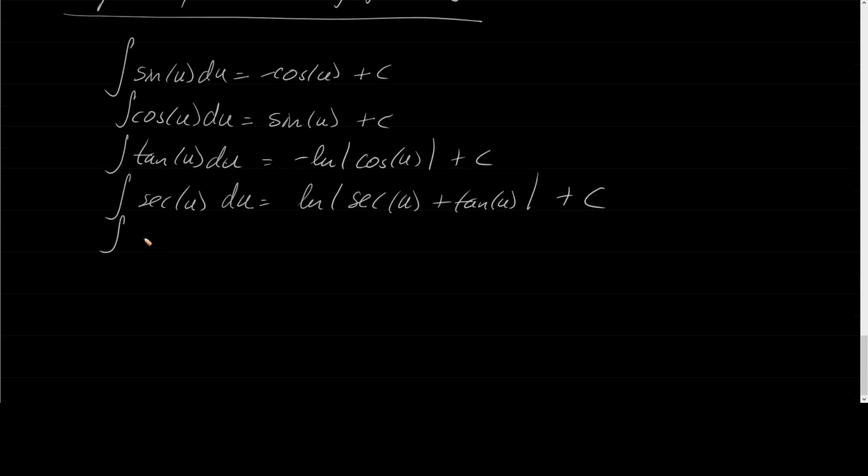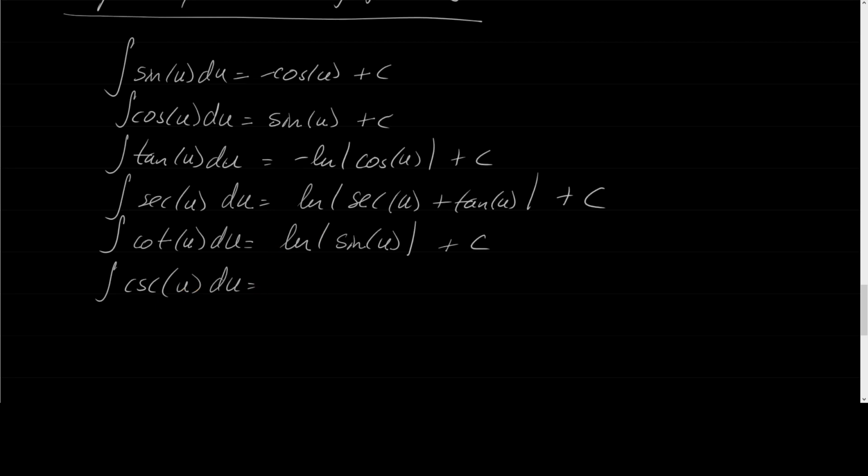The integral of cotangent of u will be ln of the absolute value of sine of u plus c. And the integral of cosecant of u would be negative ln of the absolute value of cosecant of u plus cotangent of u plus c.